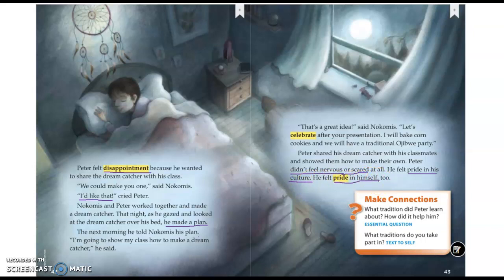So Peter has definitely changed from the beginning of the story to the end of the story. You're going to be talking about how Peter changed in your discussion posts today. And then tomorrow, you're going to be talking about how the grandmother affected this change, how she made the outcome of the story different.